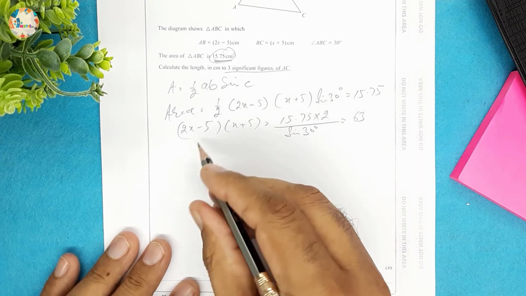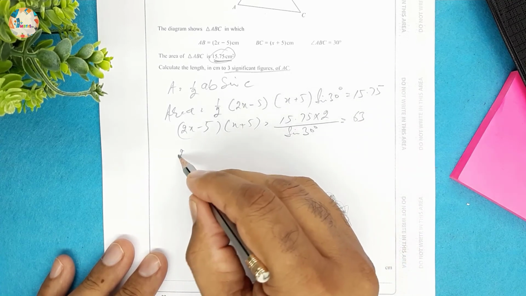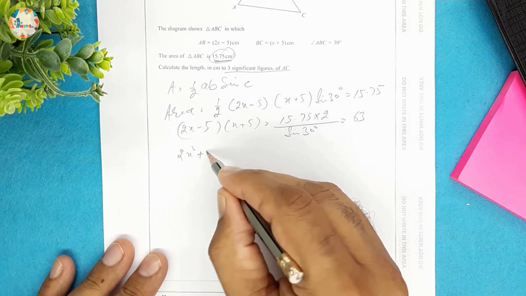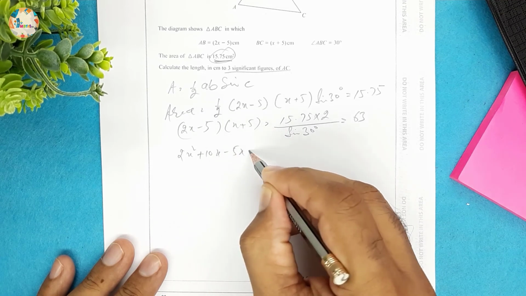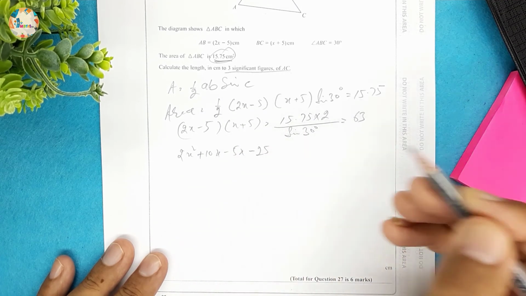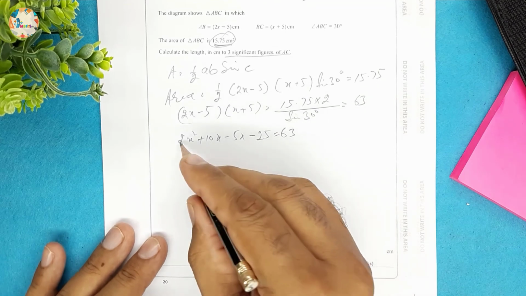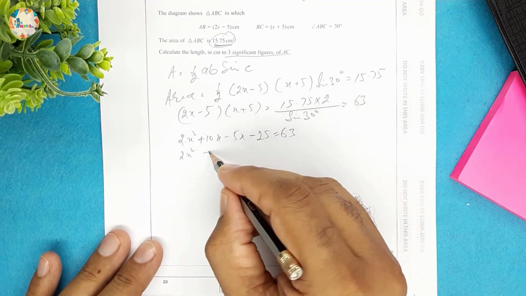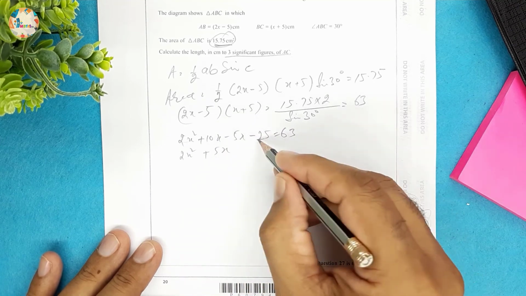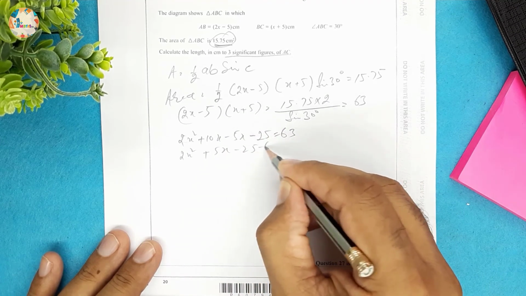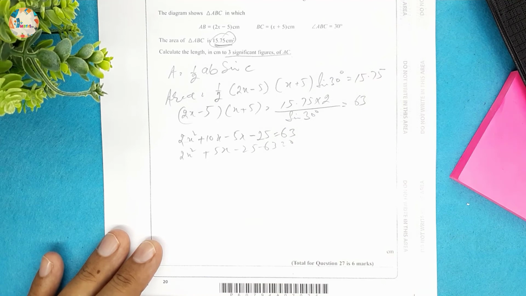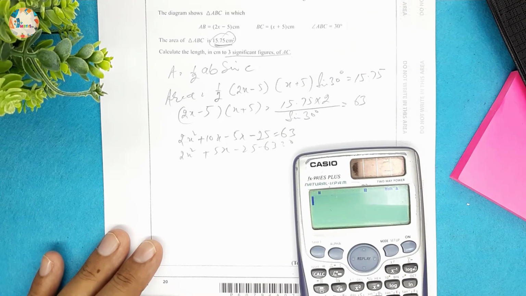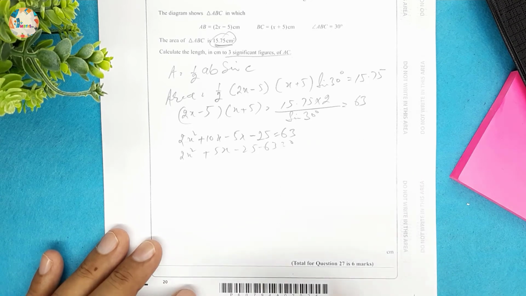So we can form the quadratic equation. This will be 2x squared plus 10x minus 5x minus 25 is equal to 63. Now this will be 2x squared plus 5x minus 25 minus 63 is equal to 0. Minus 25 minus 63 is equal to minus 88.